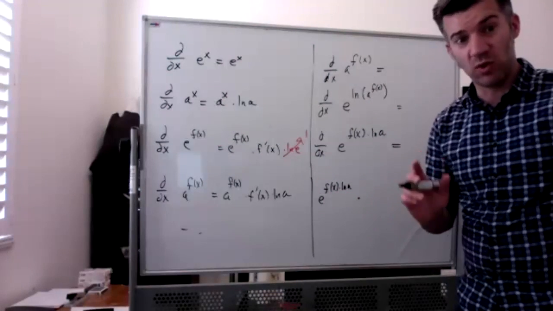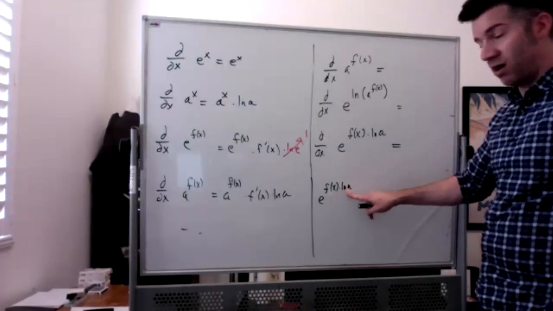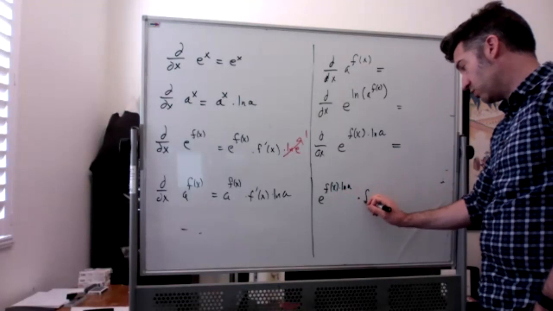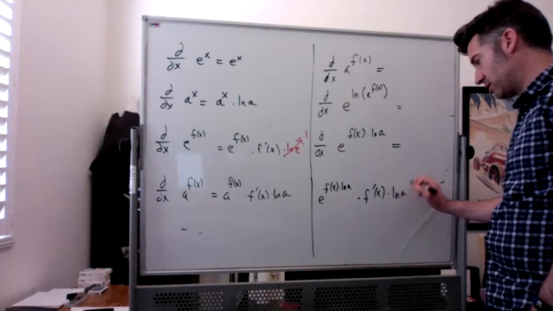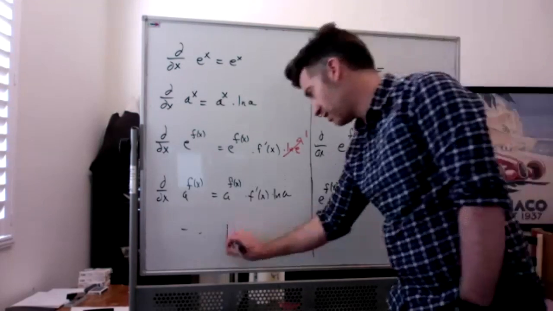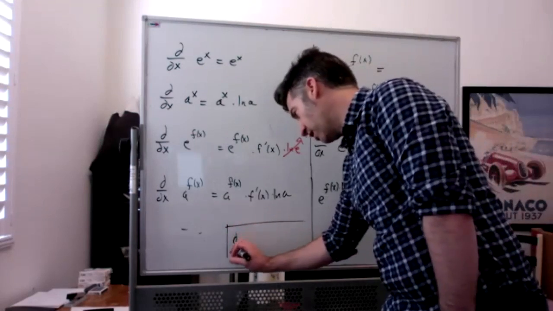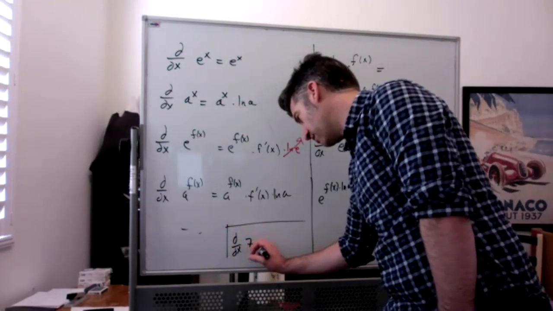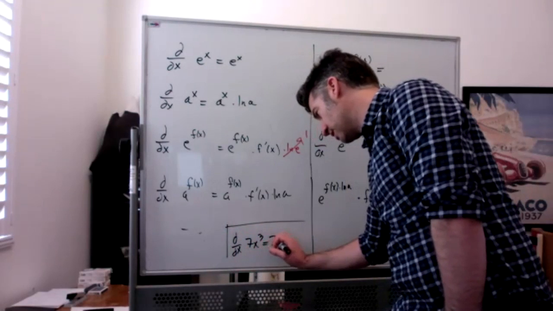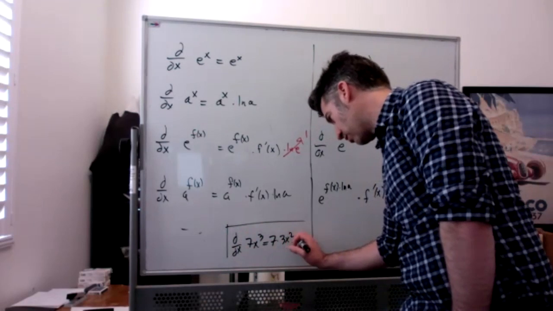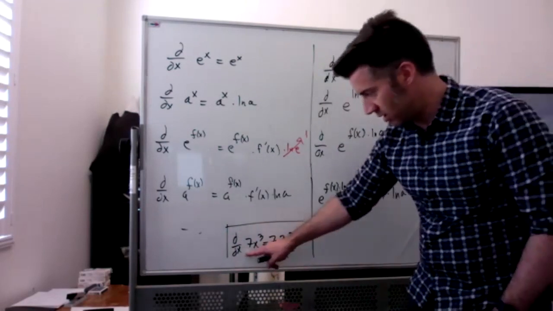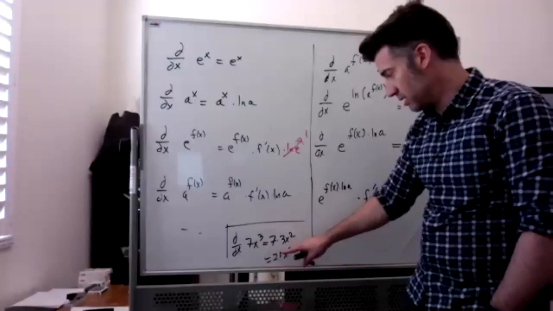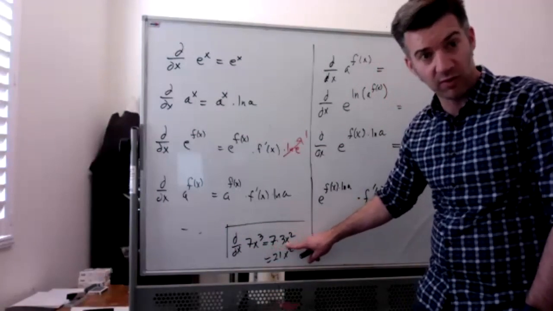The derivative of a function times a constant is the derivative of that function times the same constant. Just like the derivative of 7 times x cubed is 7 times 3x squared, which is 21x squared.